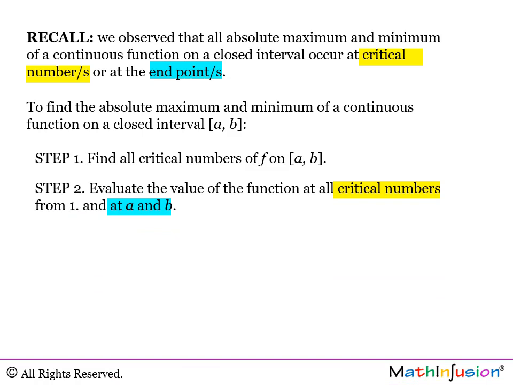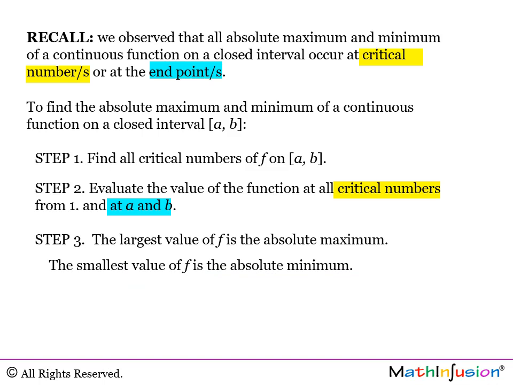Step 2, we need to evaluate the value of the function at all critical numbers from step 1 and at the endpoints a and b, because also the endpoints are suspicious values of the x's at which f(x) attains absolute max or min. And in step 3, obviously, the largest value of f is the absolute maximum, and the smallest value of f is the absolute minimum.